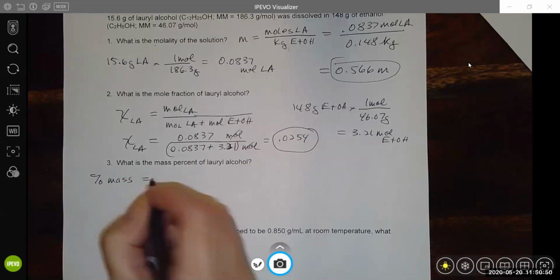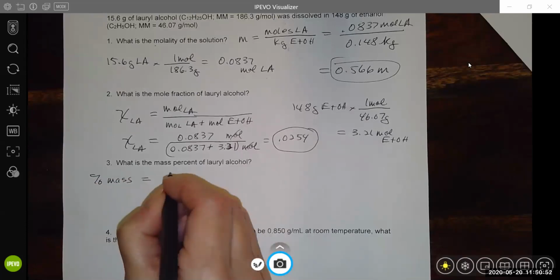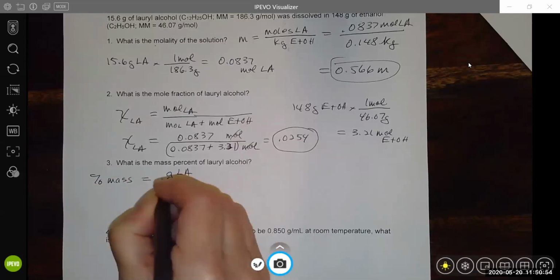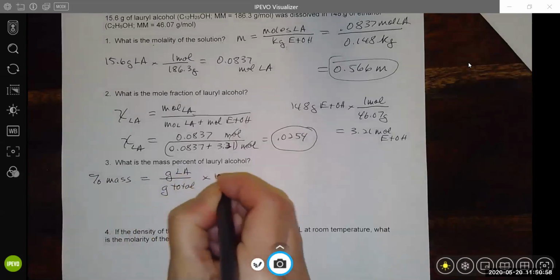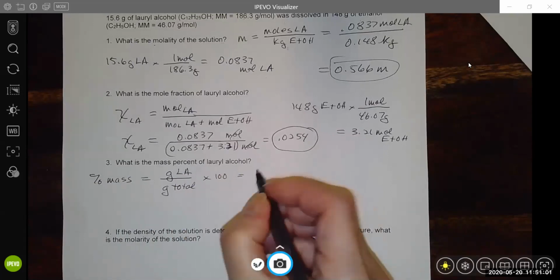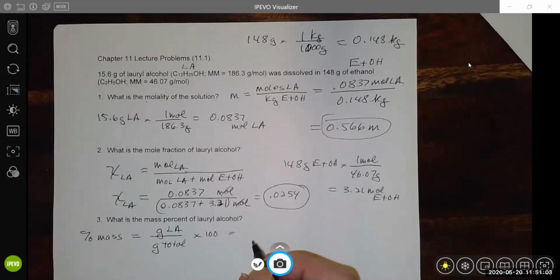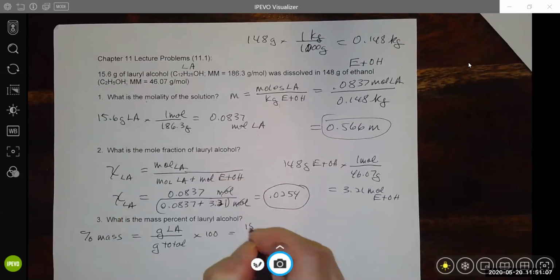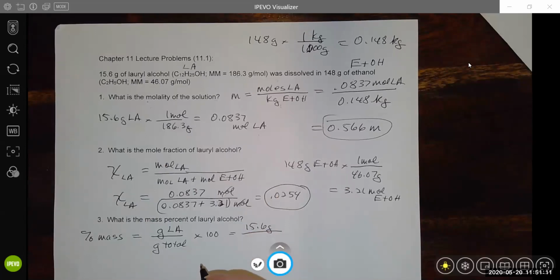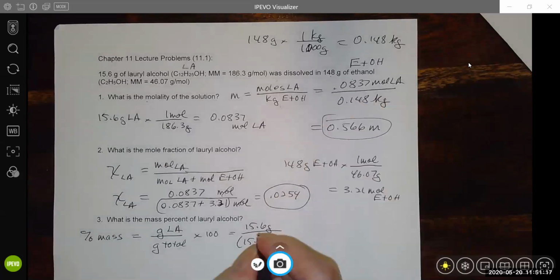Percent by mass is going to be the grams of lauryl alcohol over the grams total times 100. And my lauryl alcohol was my 15.6, and my solution is 15.6 plus 148.